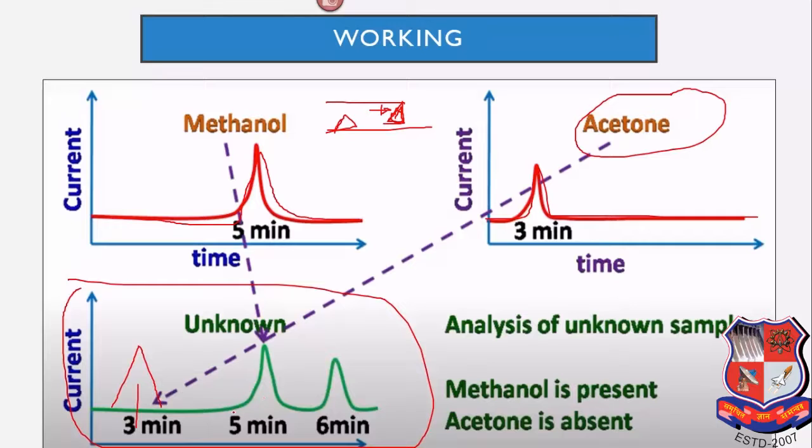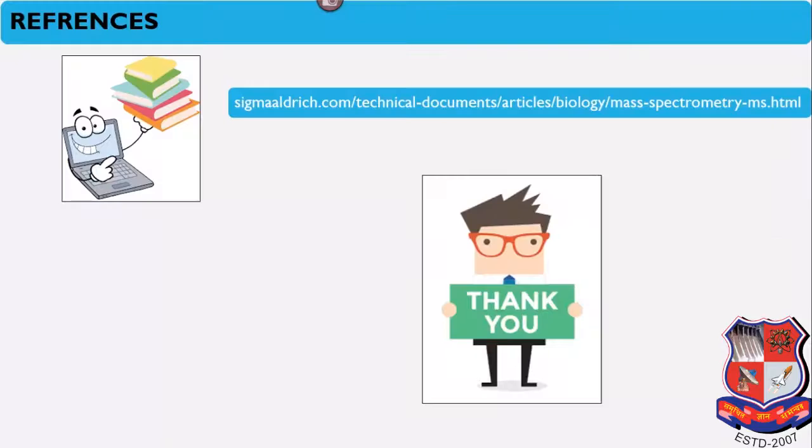But after 5 minutes we pick up some signal by using this detector, so we can say it has some methane, and after that at 6 minutes. So for that standardization we can analyze how much volatile compound exists in a sample. This is gas chromatography.